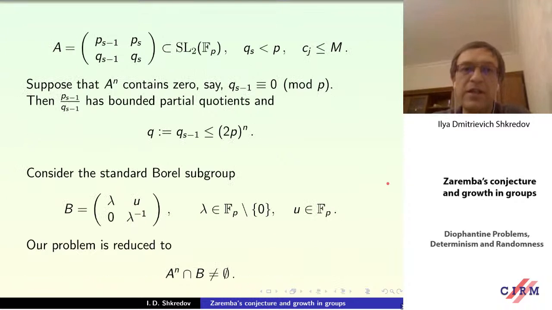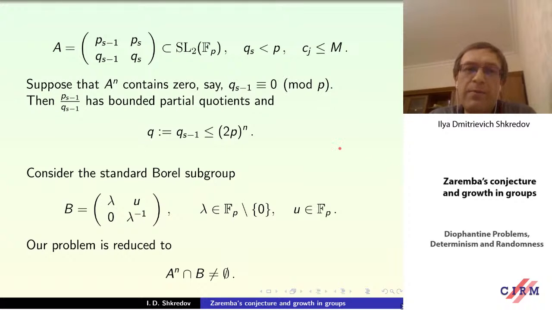Once again, I have the following set, and suppose that A^n contains 0, say this element of my matrix is 0 modulo p. So I consider this orbit A^n, and suppose that I find this 0 in my orbit.